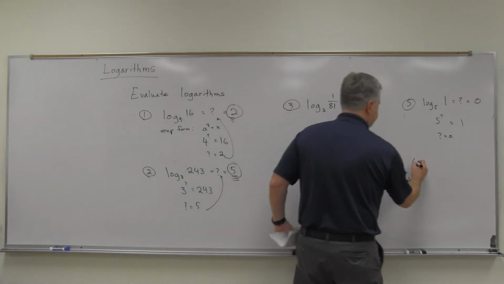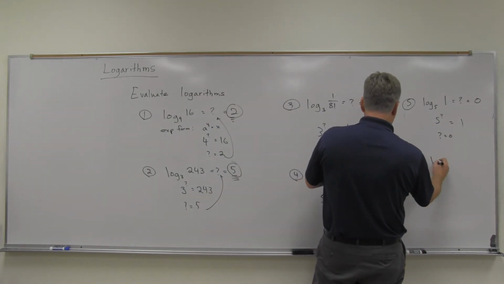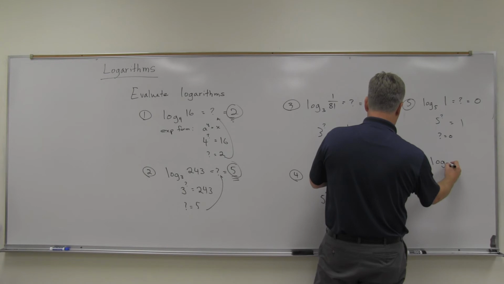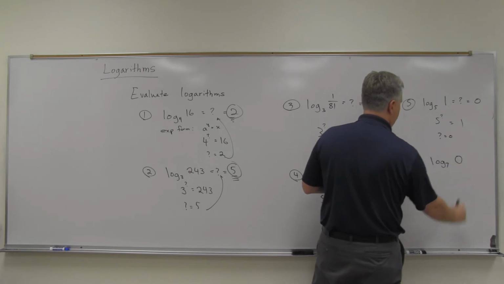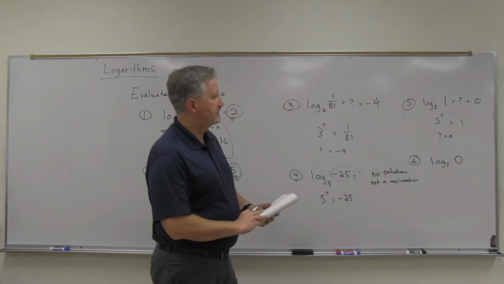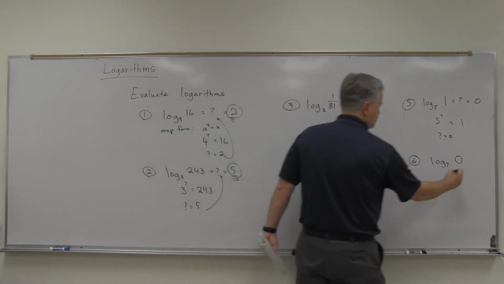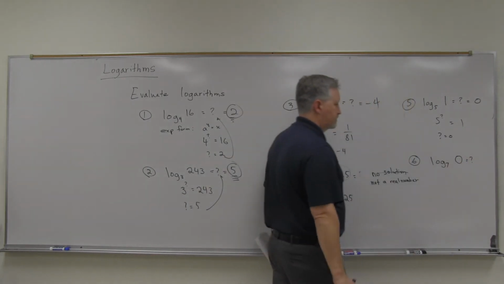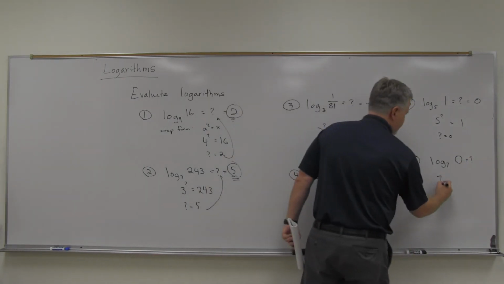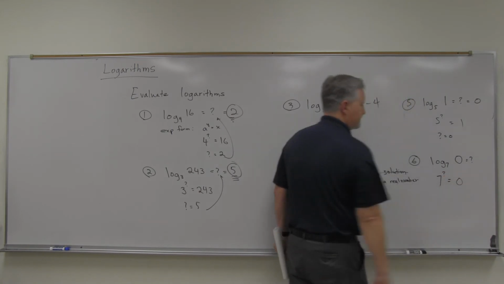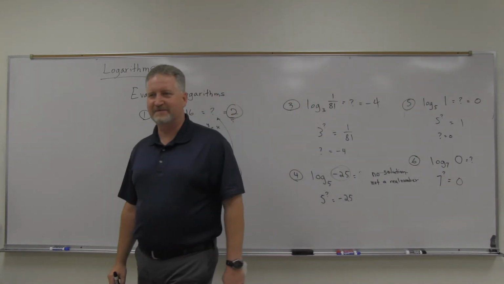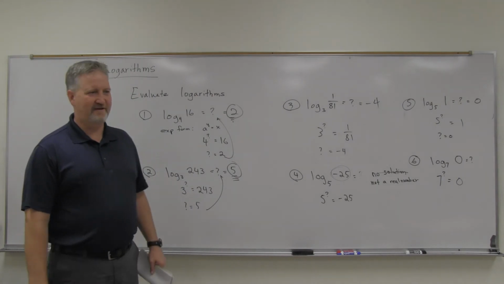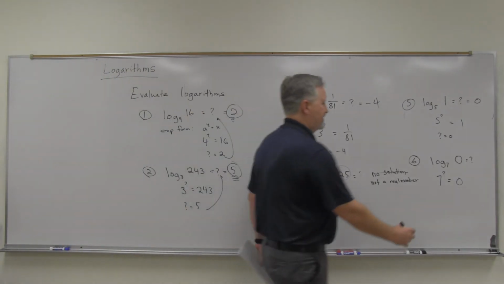All right, one more. Log base 7 of 0. 7 to what power? Is there a power of 7 that equals 0? There is no power of 7 that equals 0. This is not a real number either.